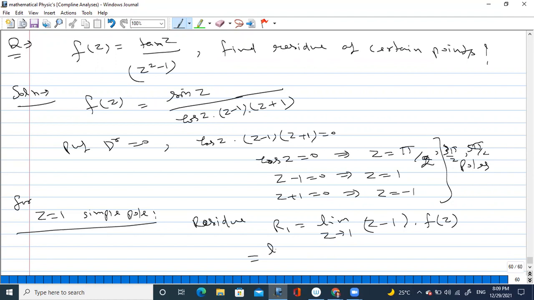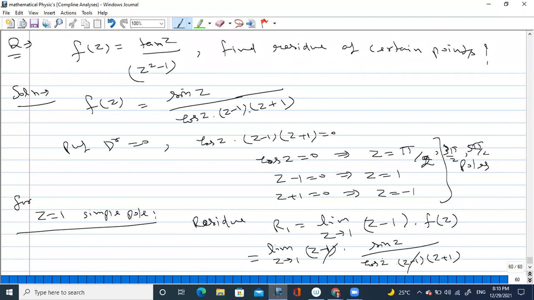Just now I told you the method. Limit z tending to 1, z minus 1 into f(z). f(z) is this much: sin z divided by cos z into z minus 1 into z plus 1. Z minus 1 and z minus 1 cancel. In the rest, you put z equal to 1.